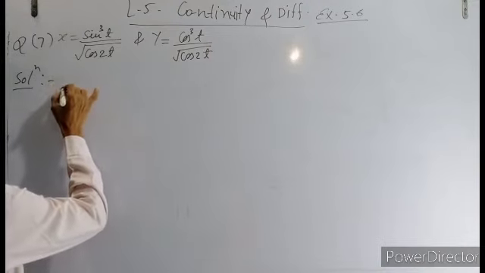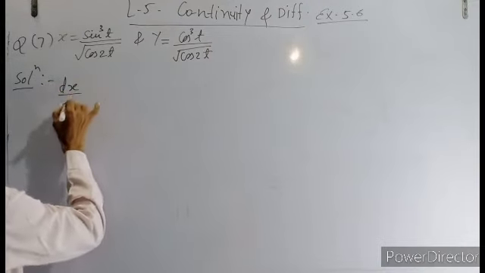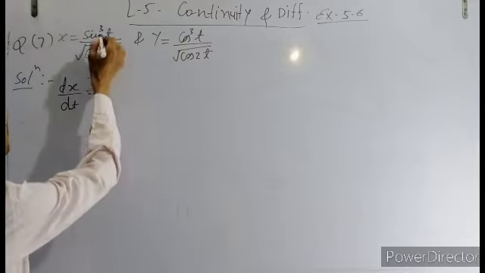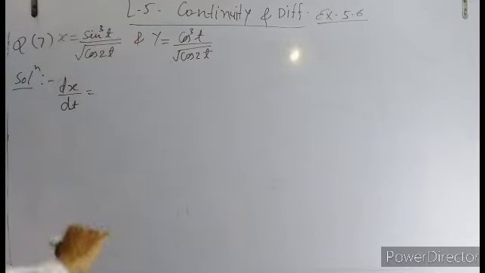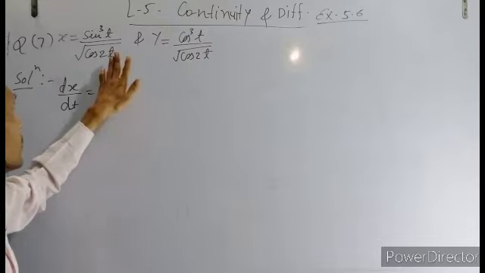So dx upon dt equals, you can see that this is the quotient rule. What is the quotient rule?